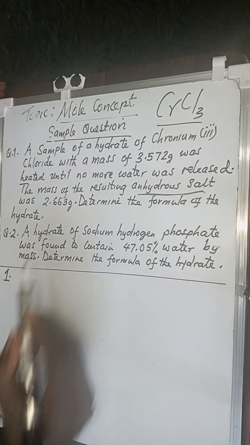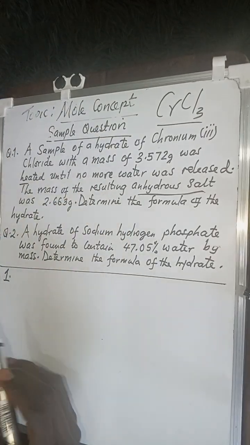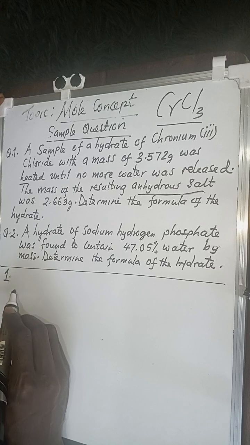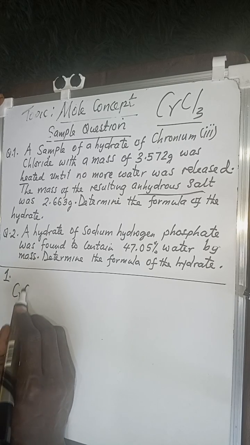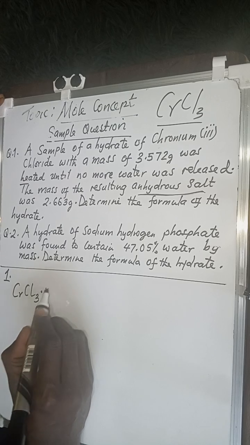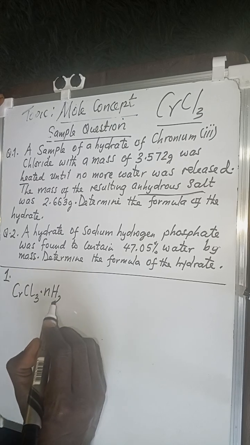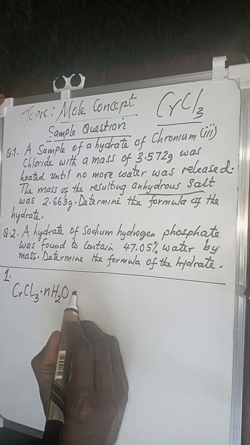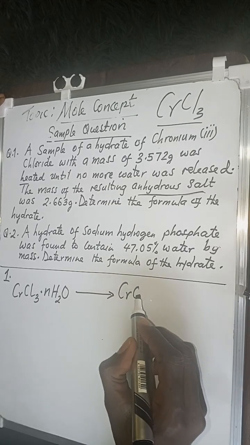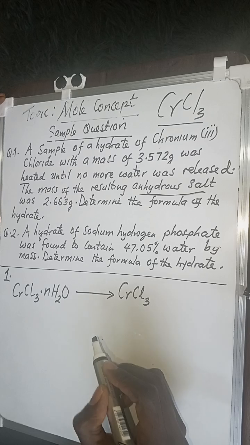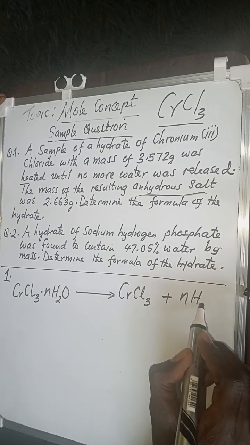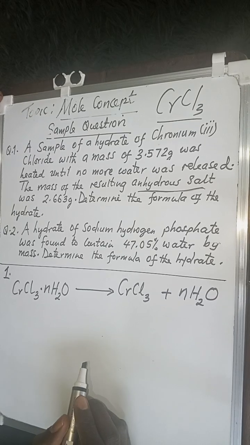But because it is a hydrate, meaning that it contains water of crystallization, I'm going to assume that the formula is CrCl3 with n number of water molecules incorporated, which we don't know. When it is heated to dryness, we are going to remain with the chromium 3 chloride, but what is going to be released is simply the water molecules.